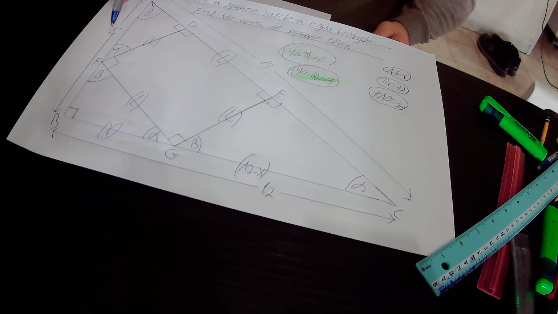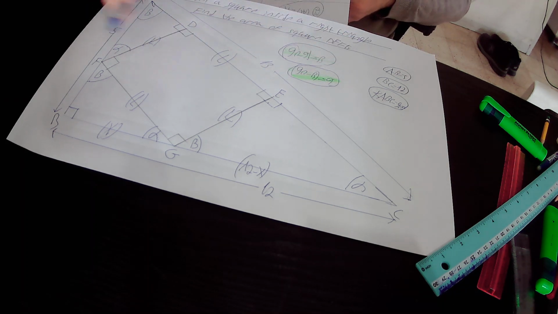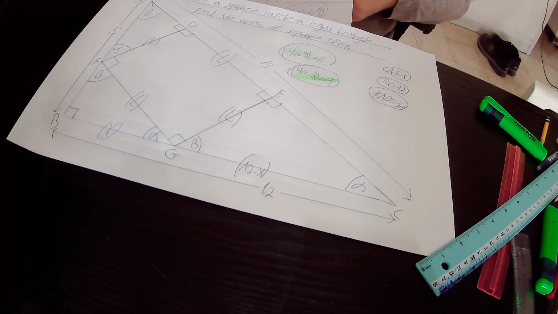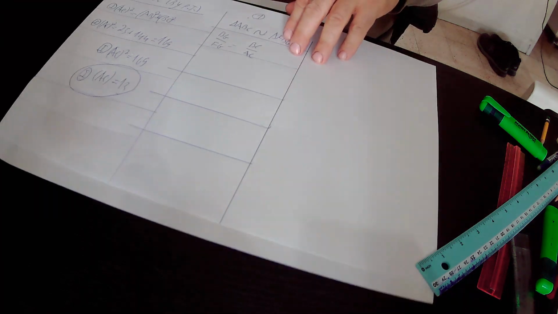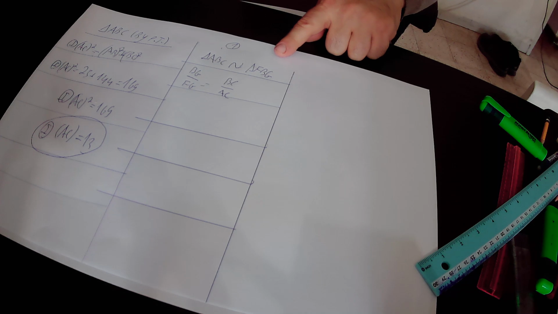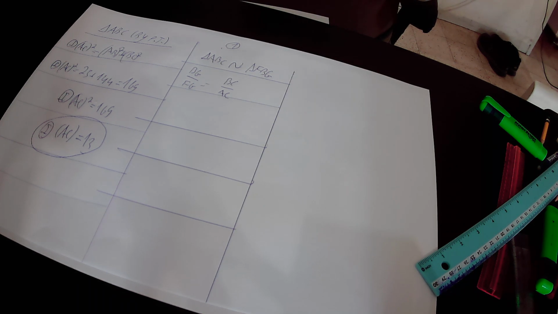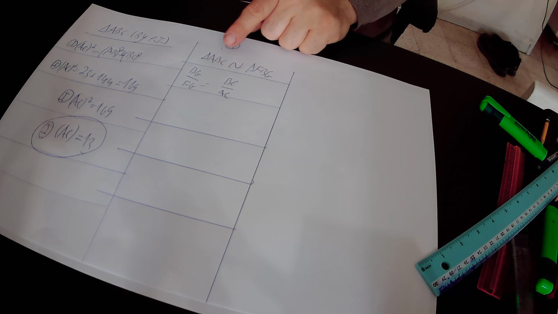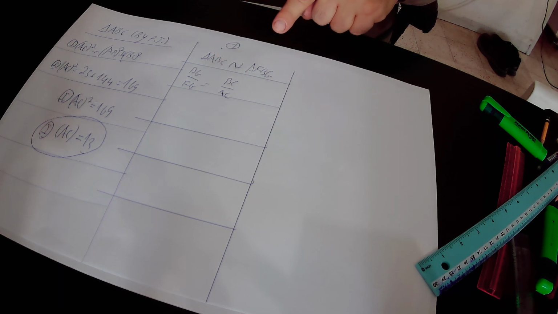Side BG over side FG of the right triangle FBG must be equal to side BC over AC of the big right triangle ABC. So this is equation 1.